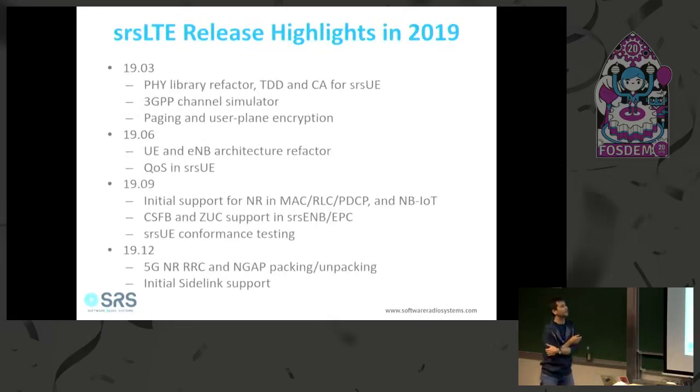So in 2019 we had 3 releases. We've been following a 3-month release cycle, and in early 19 we added TDD support, so time division duplexing, something that is not used here but in China.